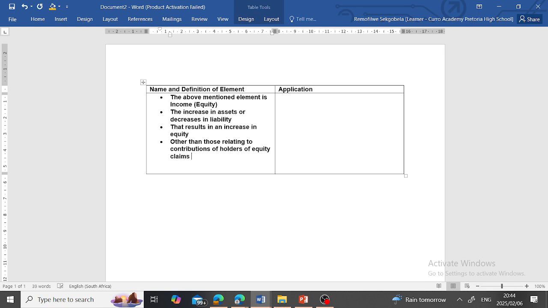So you can just say this. An income, guys, is an increase in assets or a decrease in liabilities that results in an increase in equity other than those relating to contributions of shareholders.